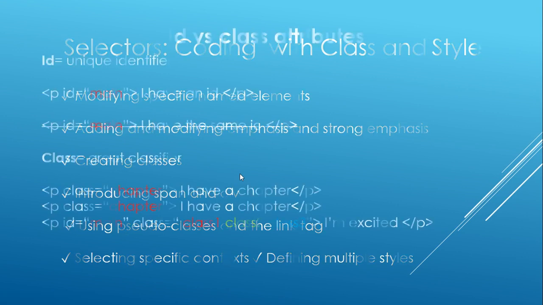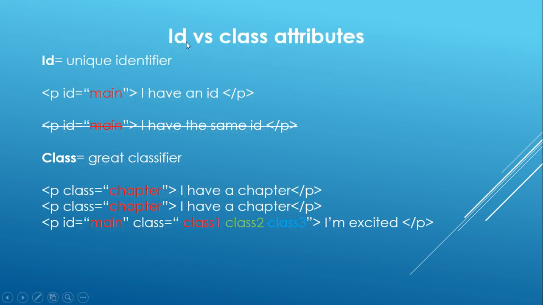So to get started, we're going to see the difference between an ID and class attribute. By definition, an ID is a unique identifier. It's unique.